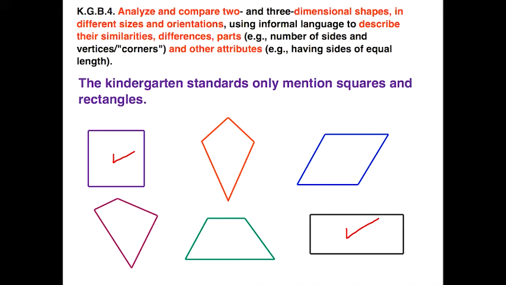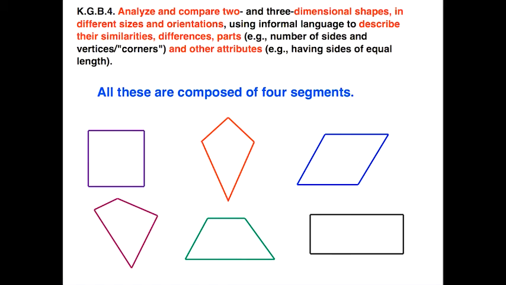The kindergarten standards only mention squares and rectangles. But that's not the only types of 4-sided figures that they're going to encounter. Well, we have a square and a rectangle here. But then we also have all those others. What they have in common is that they all have 4 segments. They all have 4 vertices.